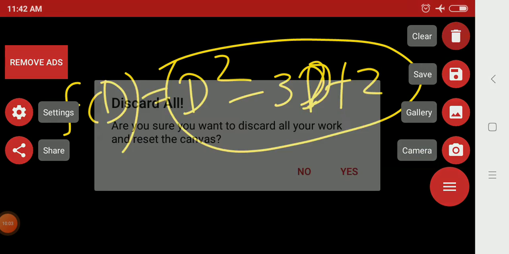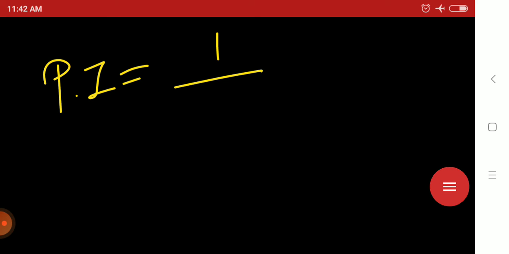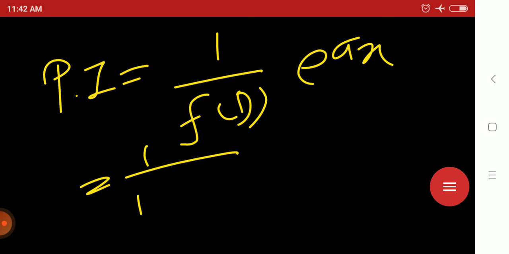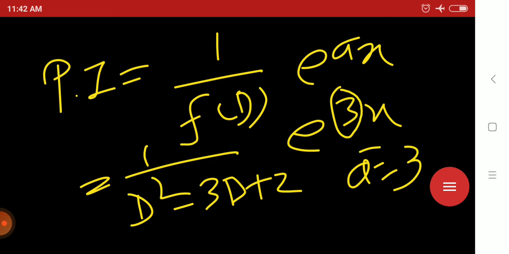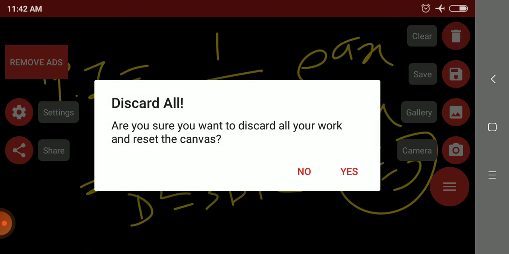So similarly here the particular integral will be 1 by f of D, e to the power 3x, that is 1 by D square minus 3D plus 2, e to the power 3x. Now here a equals 3, so substitute a equals 3 here.